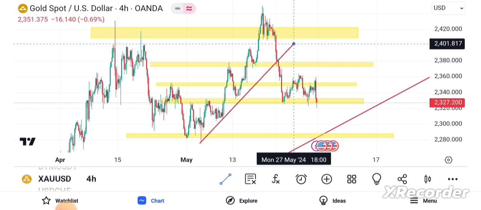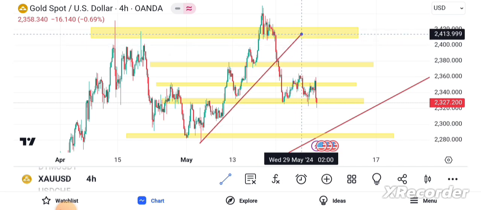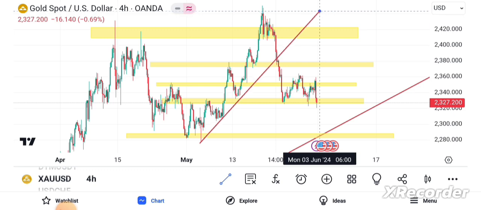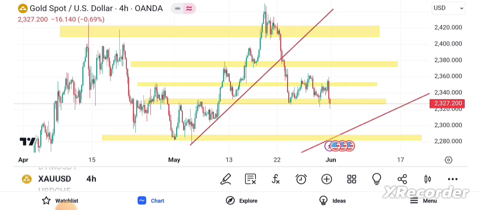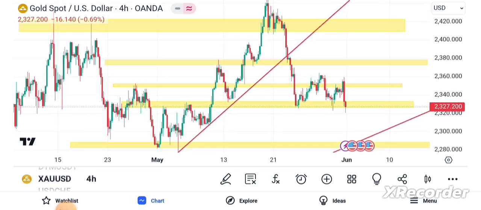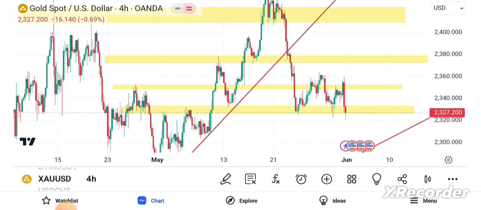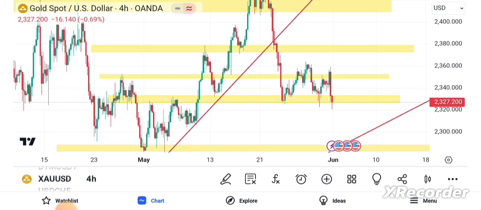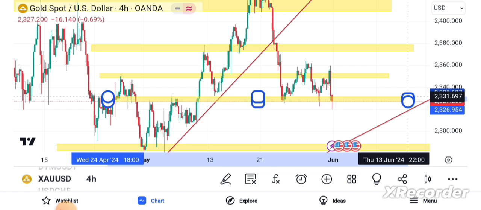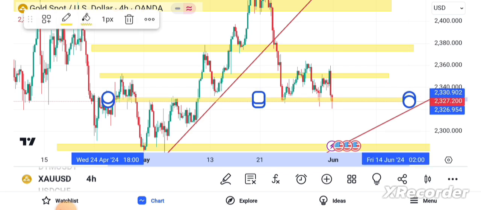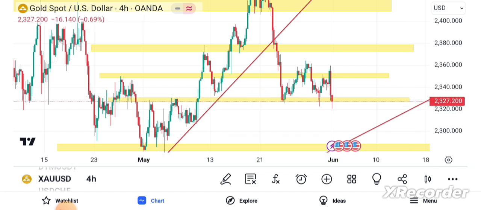It gave us an uptrend, then broke out and started dropping, and dropped down to this zone here, and it's been struggling to break it. So it's been reacting on this zone. You see, this is a strong zone.